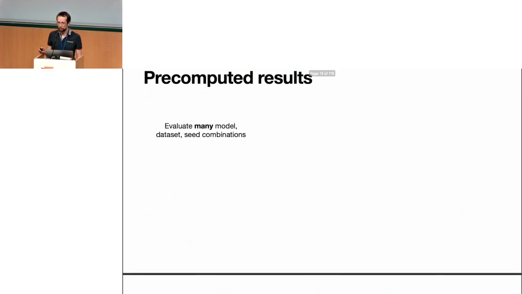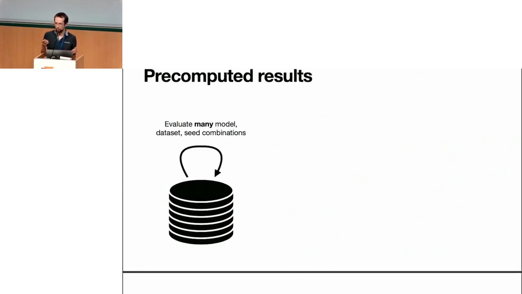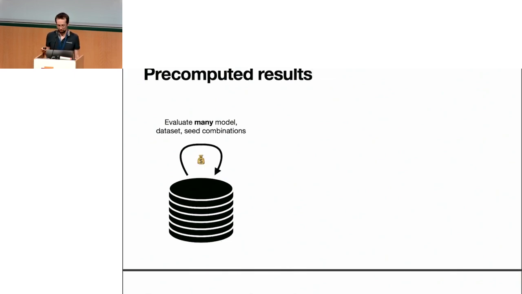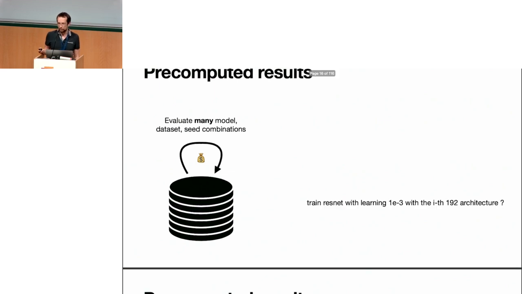So pre-computed results, it's about you evaluate many models on many data sets and seeds. And so you don't throw that away, you just put it in a large table or database. So that's going to be a bit costly. But then when you have new models, my slides are going down and down, so let me know if you cannot see it at some point.